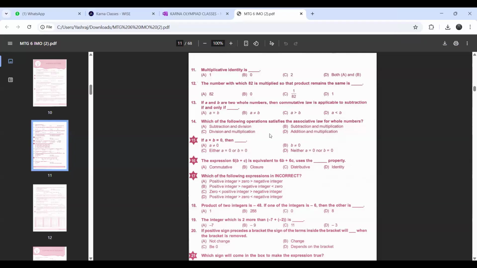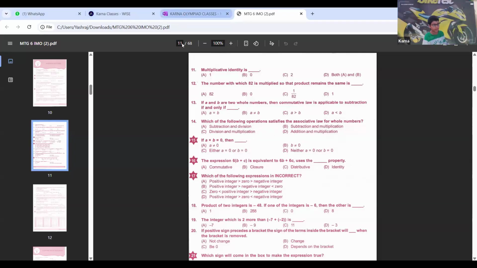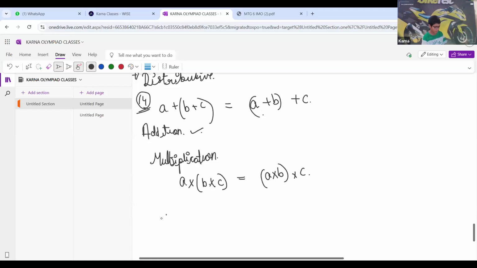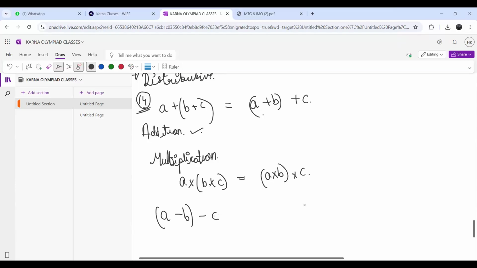Okay, but tell me why the associative property is not applicable for subtraction. Ma'am, (A minus B) minus C is not equal to A minus (B minus C) in the different brackets. Right.